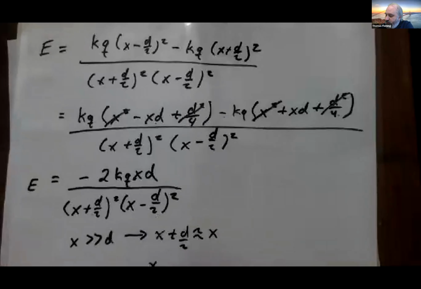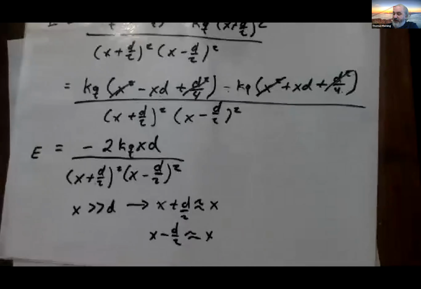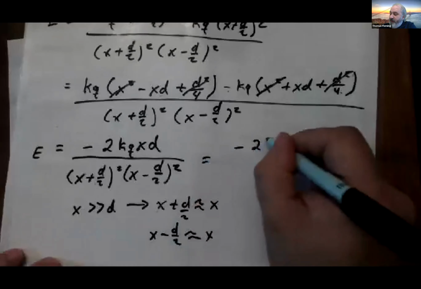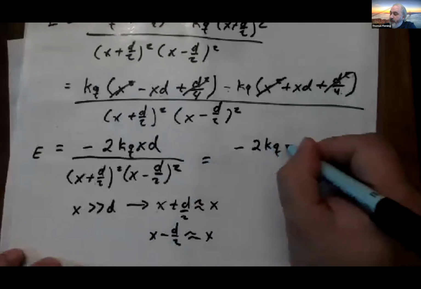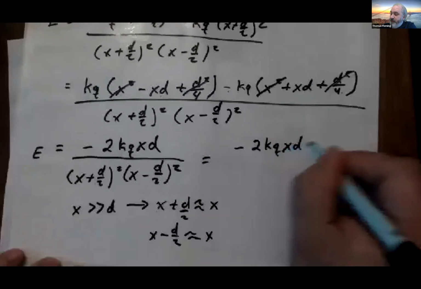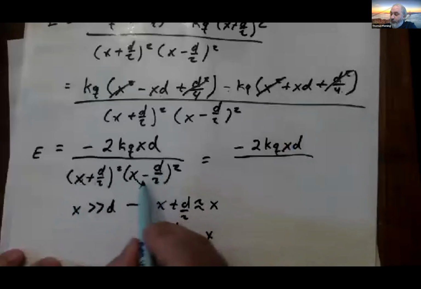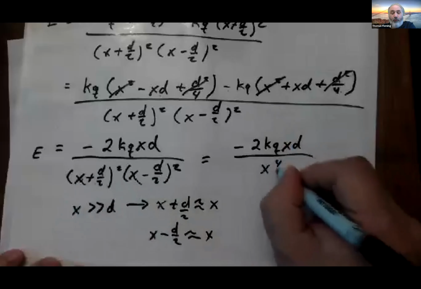So if I'm making the approximation that x is way, way bigger than d, I can get away with replacing x plus d over 2 and x minus d over 2, both of those, with x. If I do that, I'm going to have negative 2kqxd over x squared times x squared, that's x to the 4th.